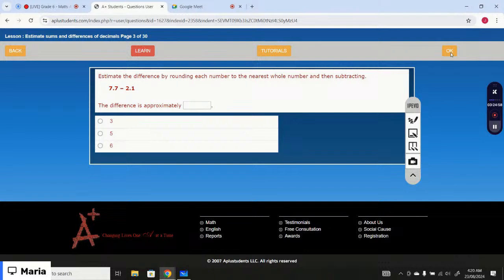Okay, the next one is estimate the difference by rounding each number to the nearest whole number and then subtract. So which is the correct option? 7.7 take away 2.1.